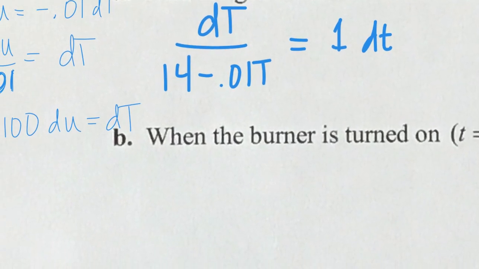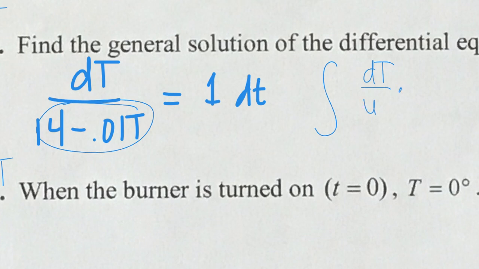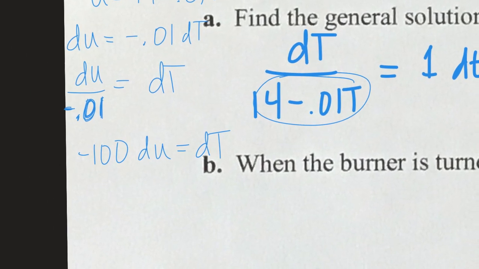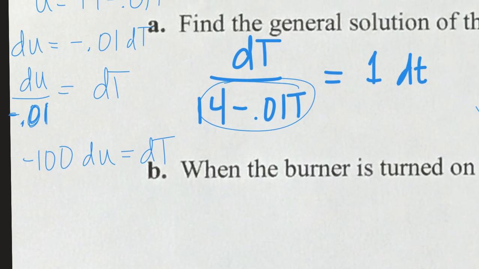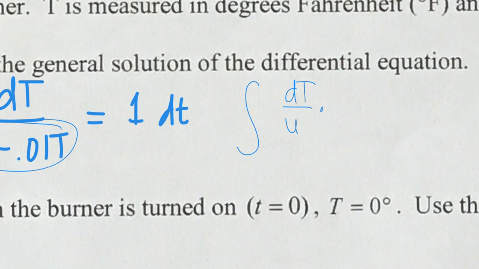Okay, so let's do that. So I'm going to replace this with u. So the integral of dT over u times negative 100 du. I guess we don't need this on top, do we?